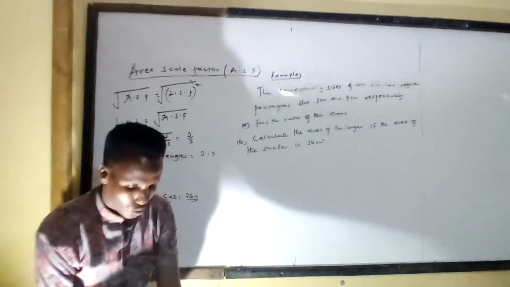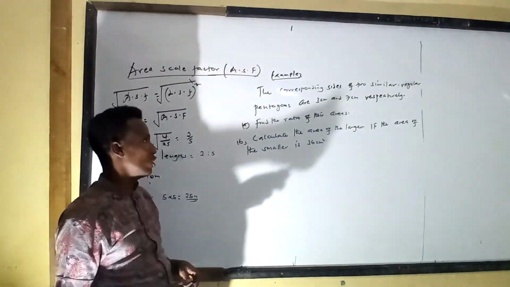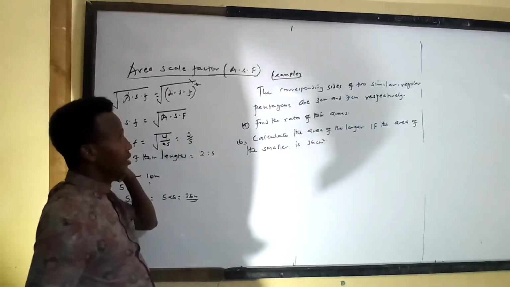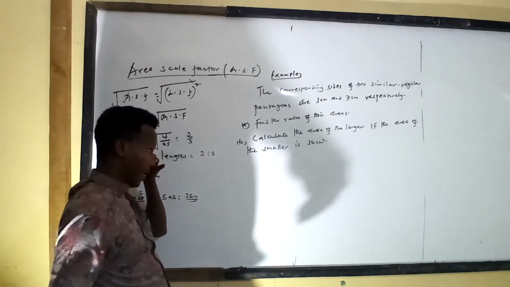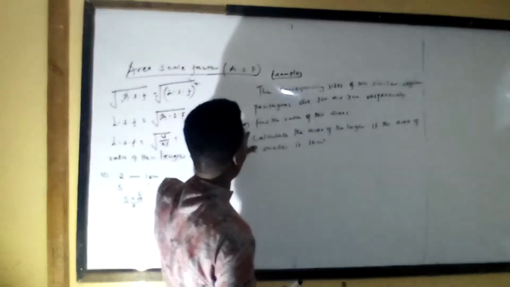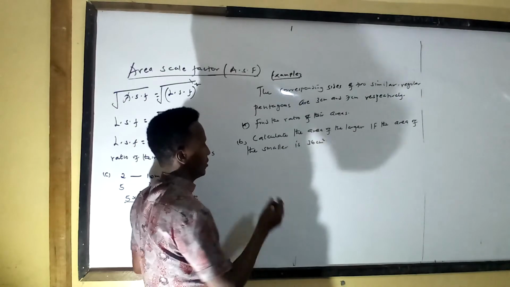So now let's read the question. We are told the corresponding sides of two similar regular pentagons are 3 centimeters and 7 centimeters respectively. Question A, find the ratio of their areas.